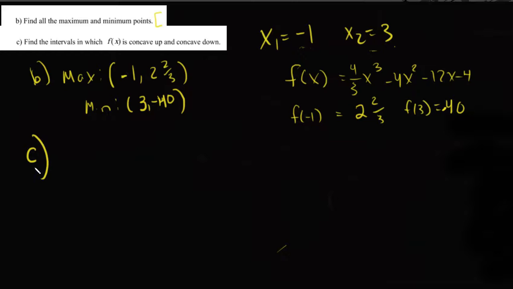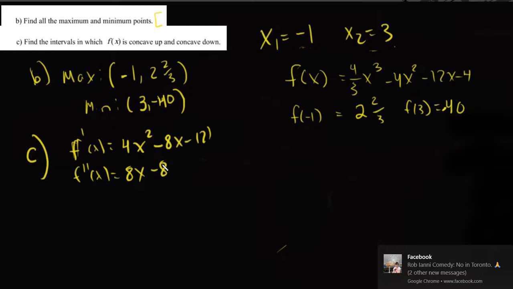Find the intervals in which f of x is concave up and concave down. To do this, it's the same concept as finding the intervals where it increases and decreases, except you have to do it with the second derivative this time. So we found that f prime of x in part A was 4x squared minus 8x minus 12. F double prime of x is 8x minus 8.